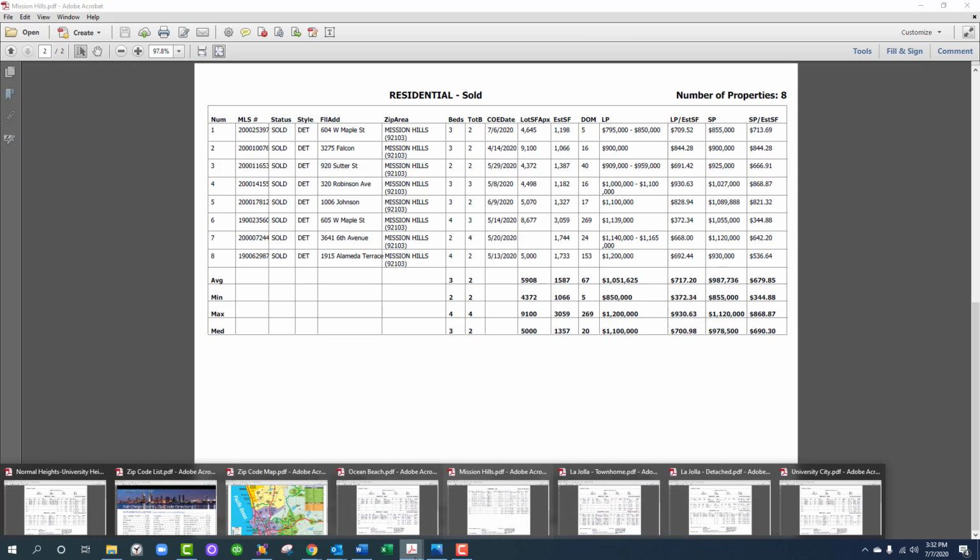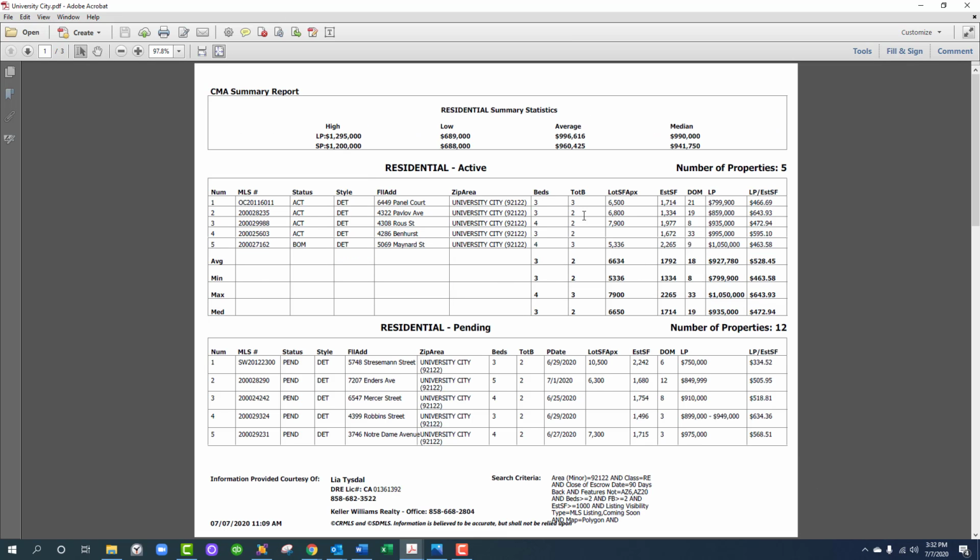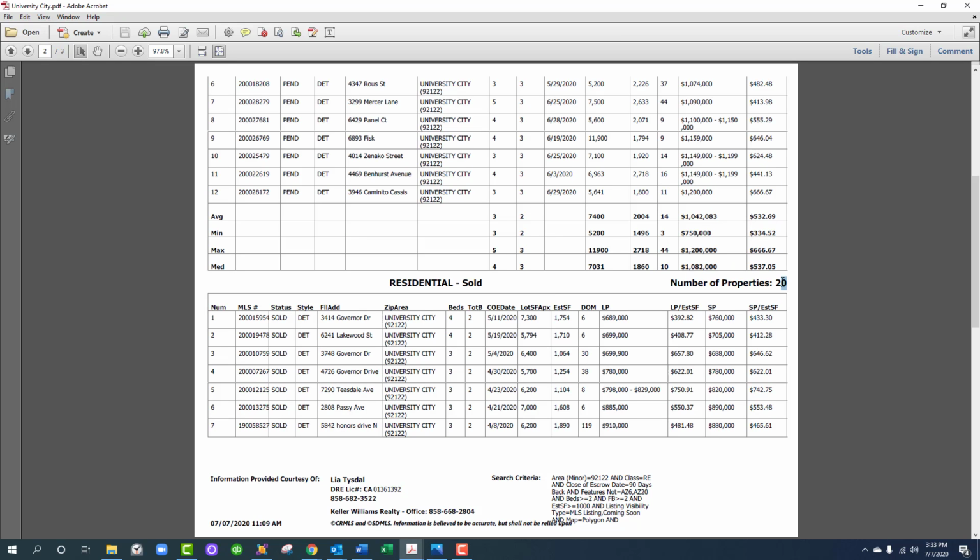Okay, so then it's kind of interesting to compare. So if we go now, in this case, to University City, we have 5 that are active, 12 that are pending, and we've sold 20 in the last 90 days. So just about 7 a month, right?